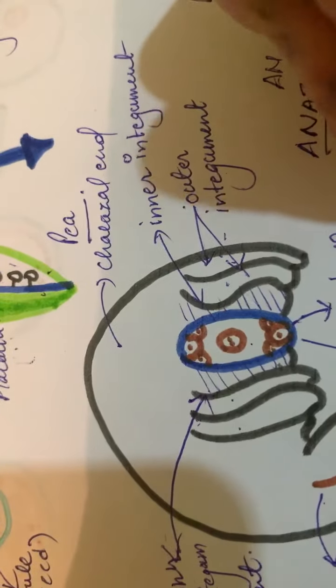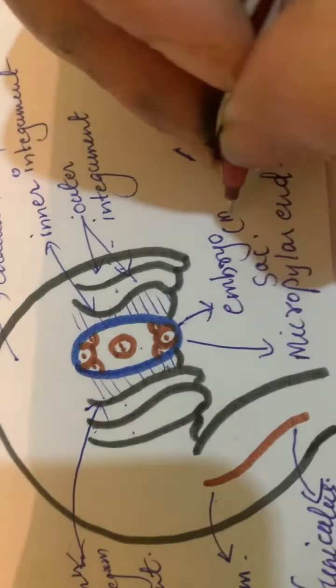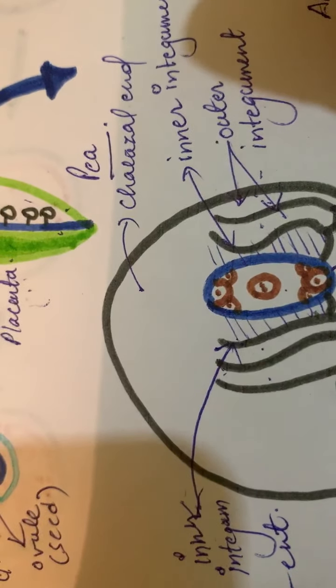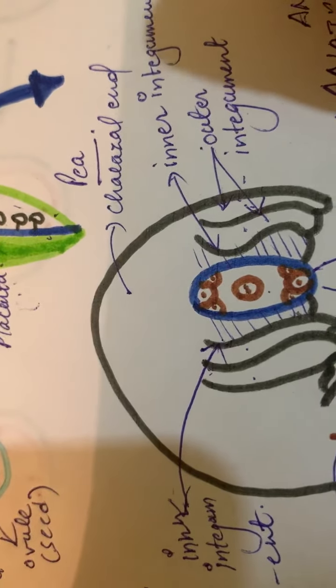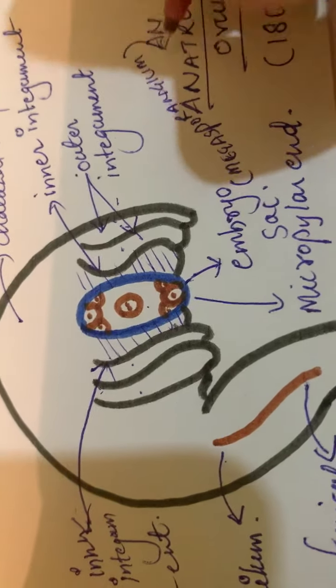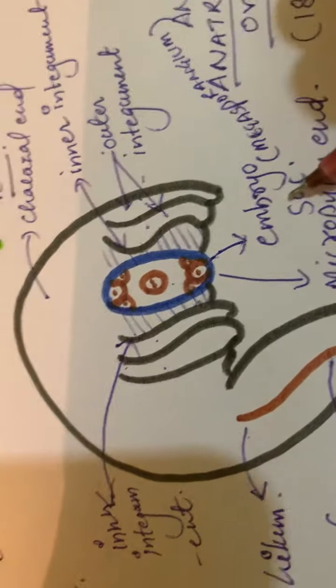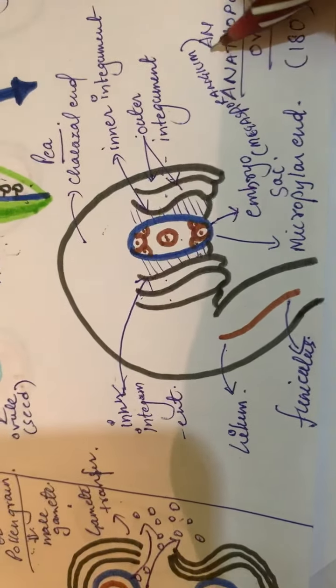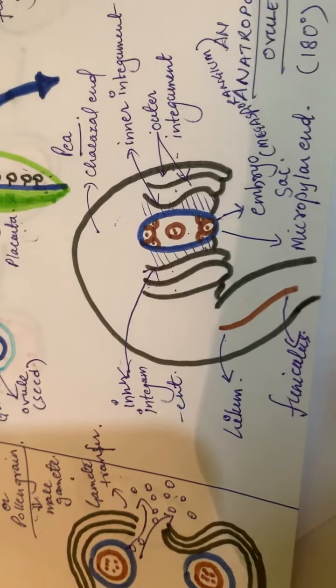Embryo sac is also called what? You also call it megasporangium. Okay, so this is megasporangium, embryo sac. Remember, children, and ovule comprises megasporangium.